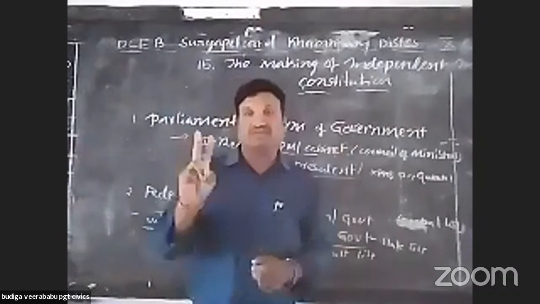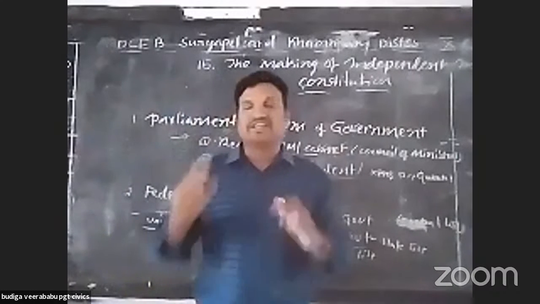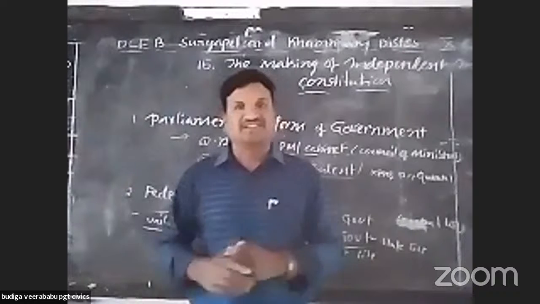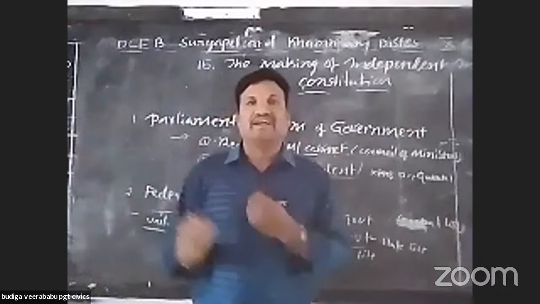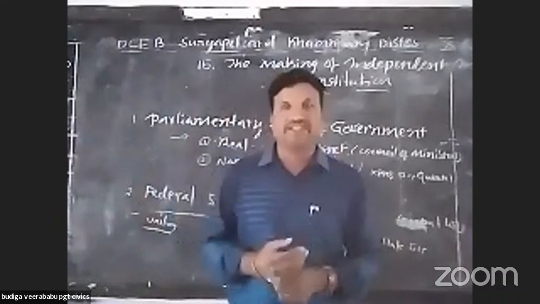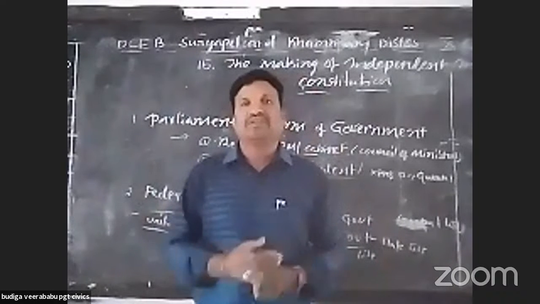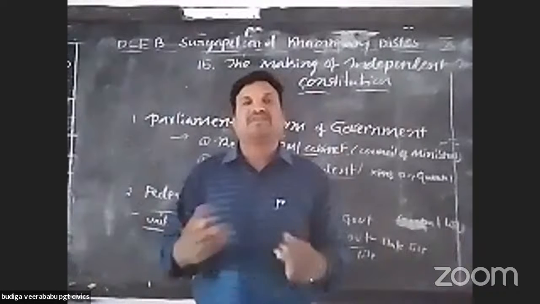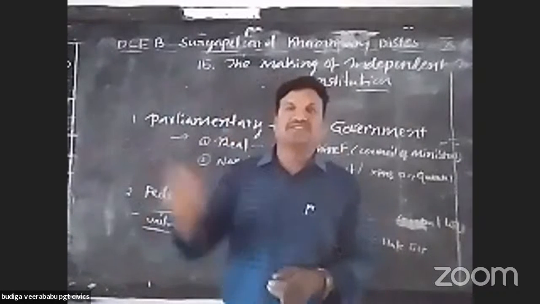And second, when the state governments fail to form the government in assemblies, at that time also the central government can take action on the state government through presidential rule according to Article 356. And at the time of financial emergency also, the central government takes actions on state governments.